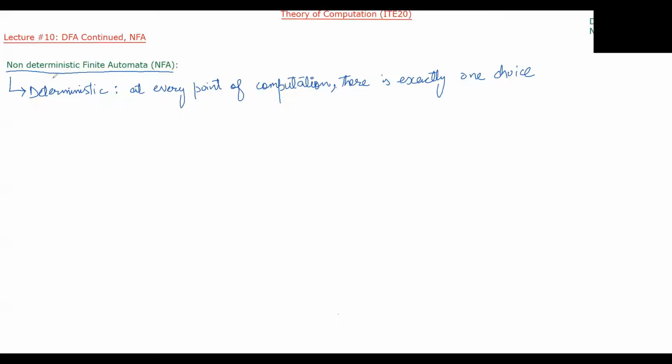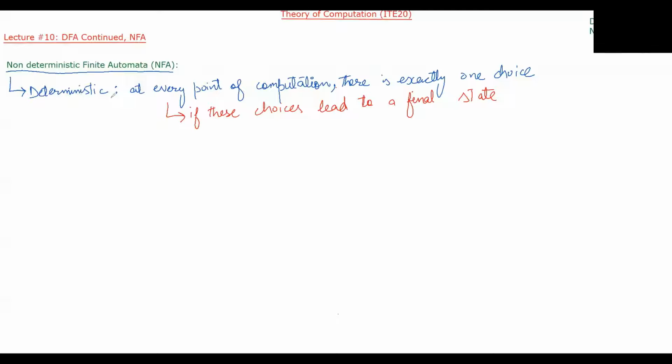And we say that a DFA accepts if these deterministic choices lead to a final state. Then we say that the DFA accepts that particular string. Okay.